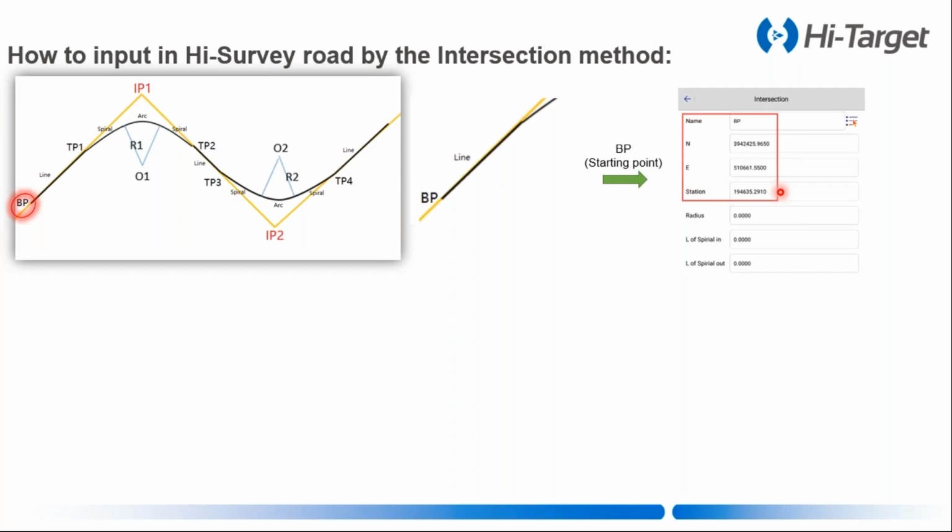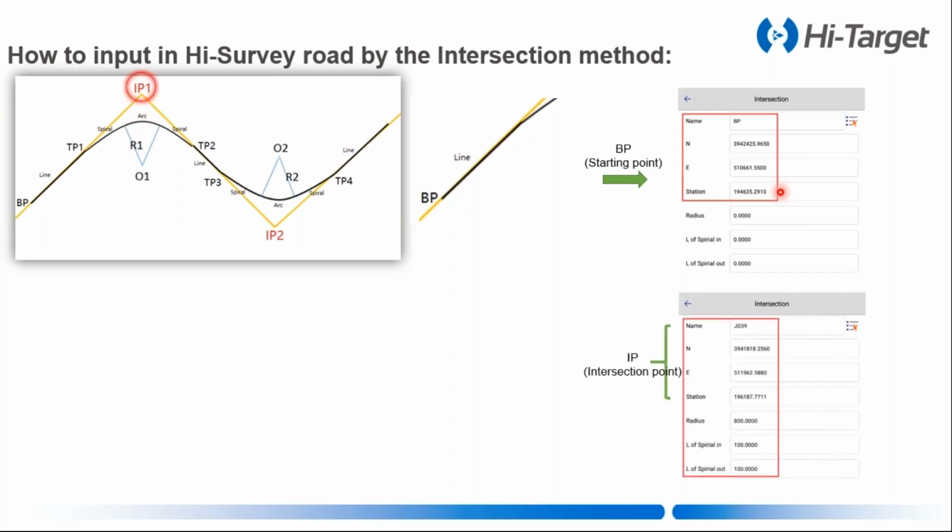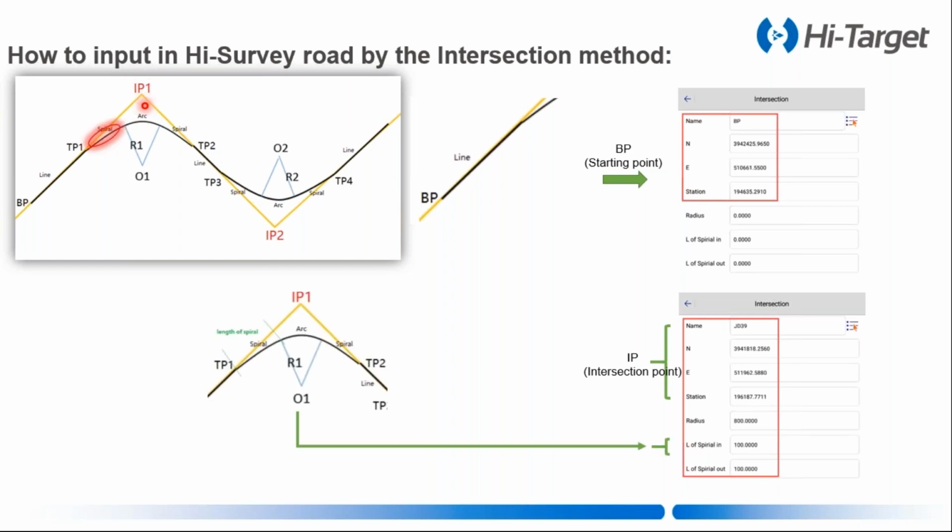Then the second step, we need to input the parameters of the intersection point. Here, we need to input the name, the coordinate, also the station of this intersection point. After that, we need to input the length of this spiral curve here on the left side.